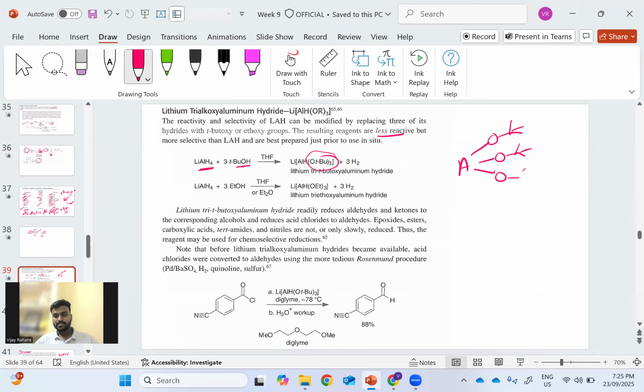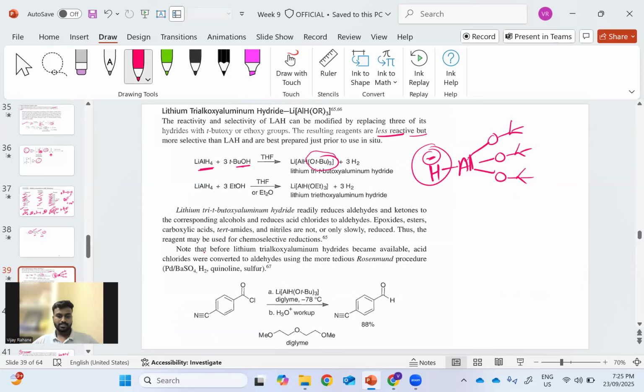So if you look at the structure, this structure itself indicates it is a quite bulky reagent, and also only one hydride is available with the Al. So it will be a mild and less reactive reagent.